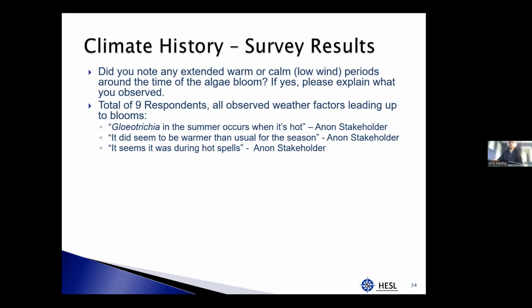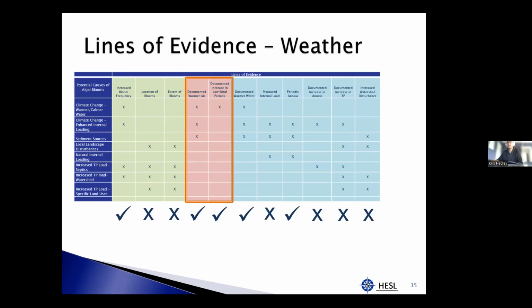So that the blooms were happening after it's been very hot, or that it was an unusually warm season, or that a long hot spell. And I didn't put quotes from all 9, but those are 3 that I picked, and the rest were very, very similar. So in this case, both warm air and periods of low wind get a check mark as confirmed based on the data that we have available.